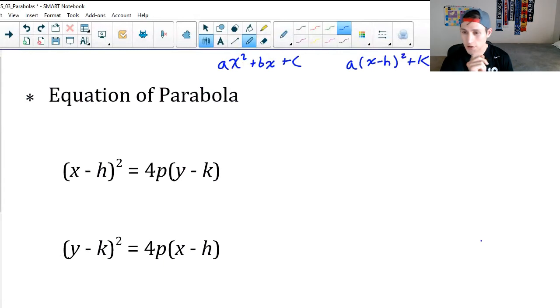And so now we have a third form, or forms, which I don't know that there's a specific name for, but just different ways we can write it. It incorporates this variable p, so that we can know the distance between the focus and the vertex and the directrix.